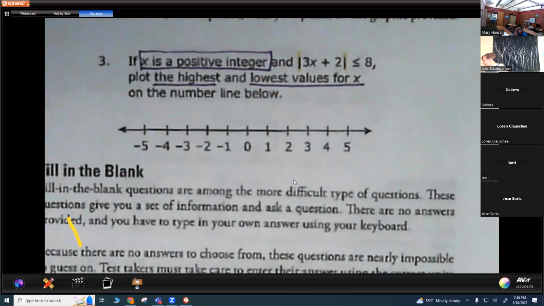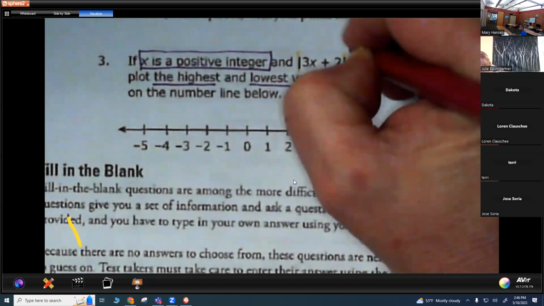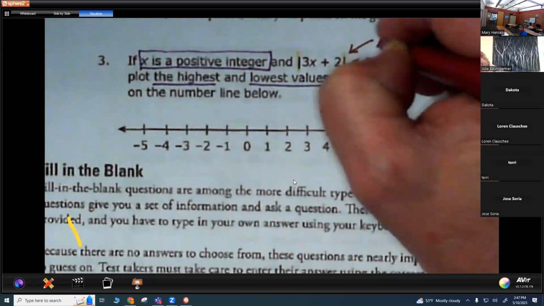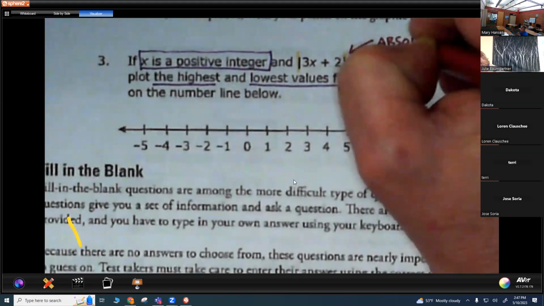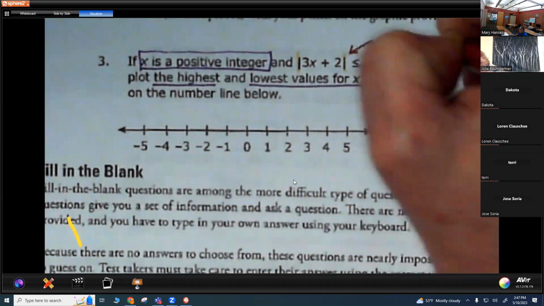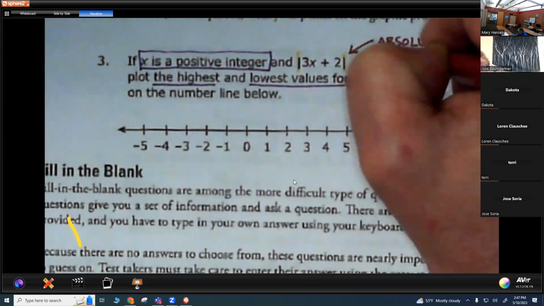When we put an expression or any term inside these two vertical bars, they are signaling the concept of absolute value. Has anyone heard this idea?